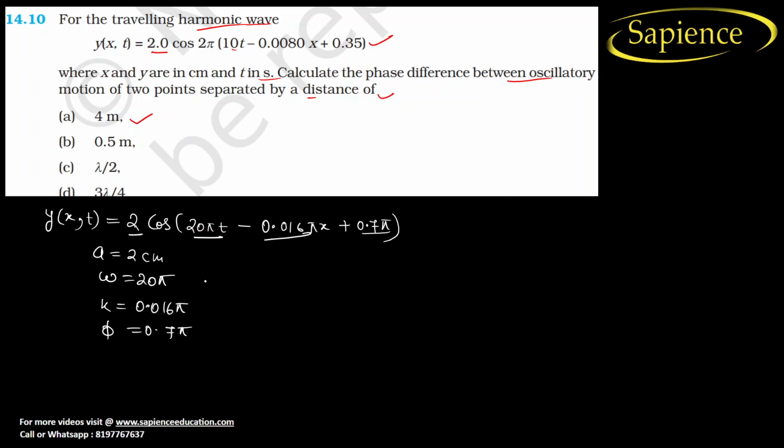Now we know the formula: φ is equal to kx, and k is equal to 2π by λ. So this is a very important formula. Now calculate the phase difference between the oscillatory motion if the two points are separated by a distance of x.